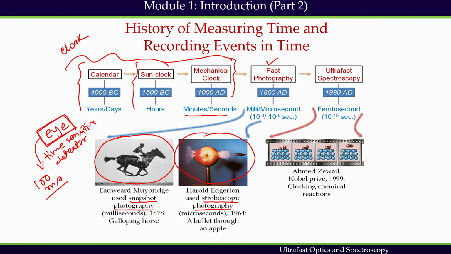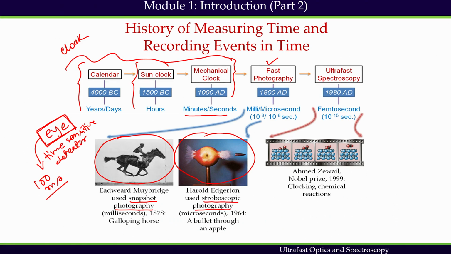But in stroboscopic photography, we keep the event going on in a dark room. I have the camera pointed at the event in the dark room, so I cannot see anything, and then I use a very brief flash of light, and I'll be able to capture the event. That is called stroboscopic photography.